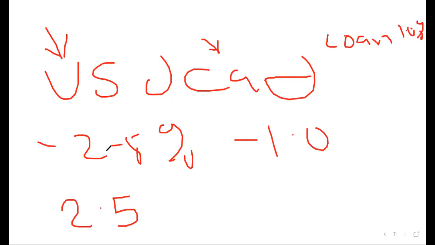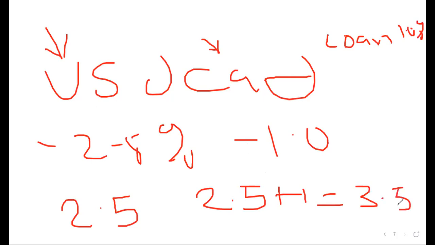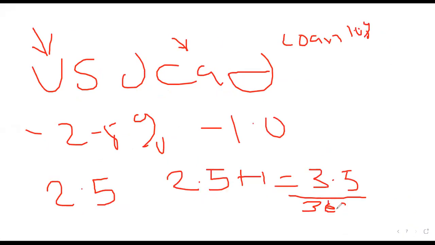Now, when you trade these two currency pairs, it means that the United States will pay you 2.5%. Canada, where you borrowed money from, will pay you 1%. That means you have 3.5%. If you divide that by 360, that fraction will be paid to you every night you carry the trade over.